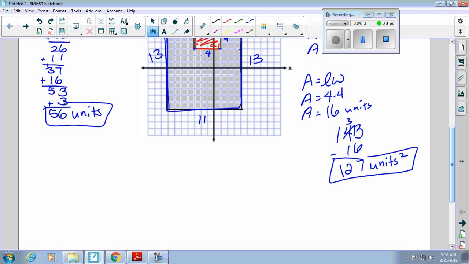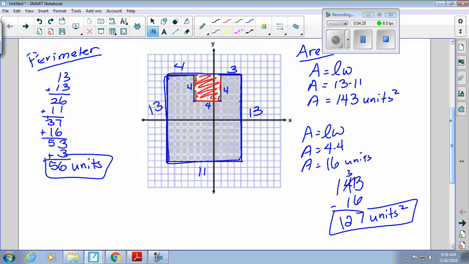Any questions on that? Yes? Now, Madison's bringing up another way. And again, there are multiple ways to approach problems. What you could also do is split it into rectangles like this, and then you'd have a 4 by 13 rectangle, a 3 by 13 rectangle, and a 4 by 9 rectangle that you would all have to calculate the area of and add together.